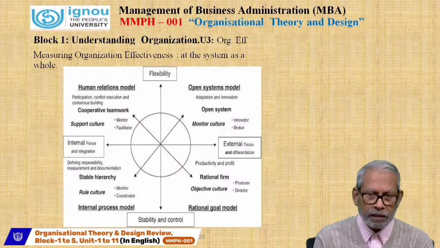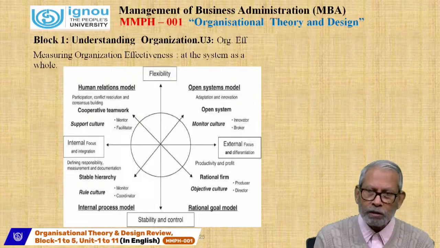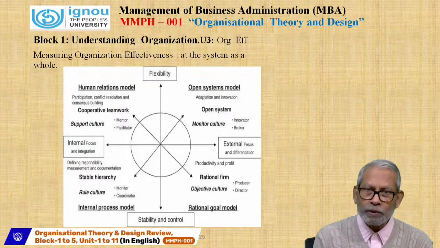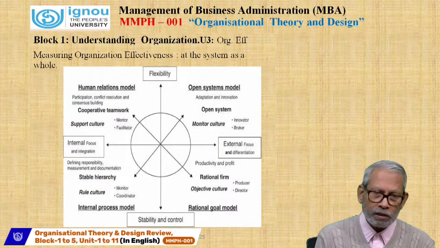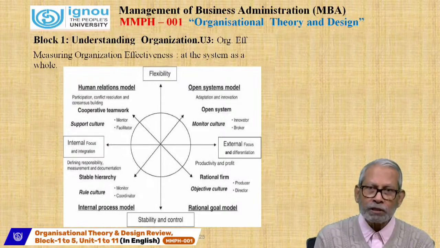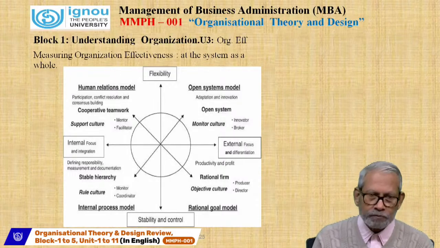The other side is your rational goal model, where the focus is basically external, with differentiation. The main things there are open systems, then monitor cultures, and rational goal objective cultures. So you can see what the stability and control are, and what the flexibility is. Both are parameters you have to see.